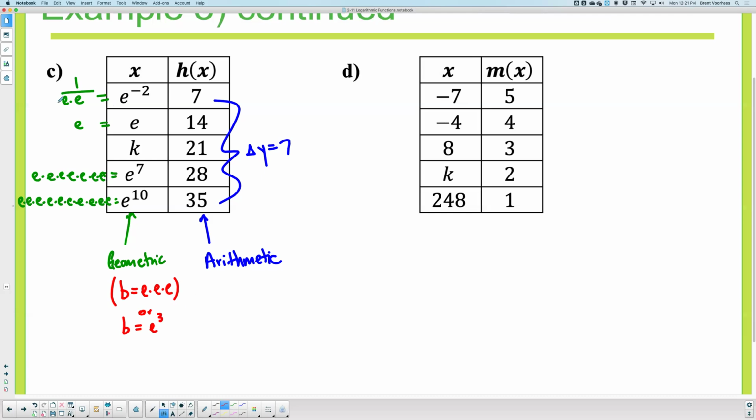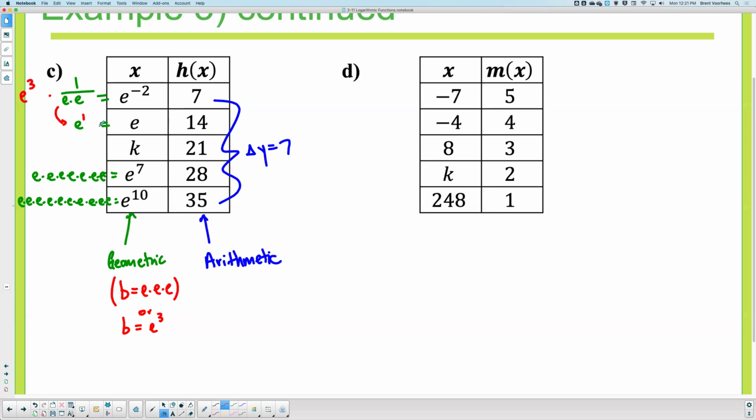Let's check it out. If I multiply this first one by e cubed, would that give me this value? If I took e cubed and multiplied it by this, what would happen first? These two, they would cancel with 2 of those, and what are you left with? E to the first power, okay?